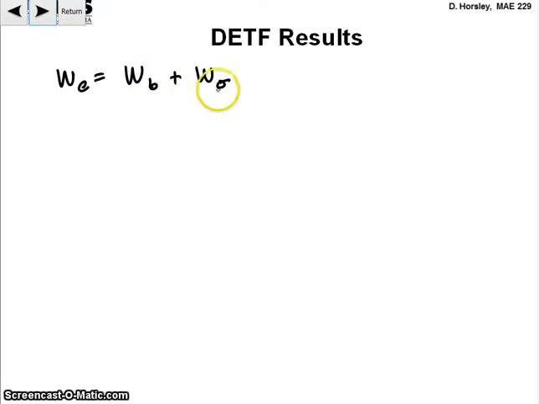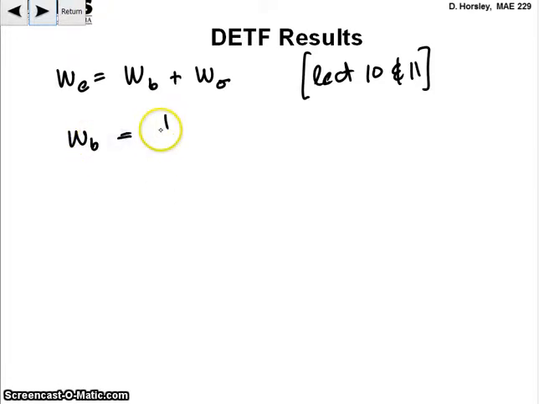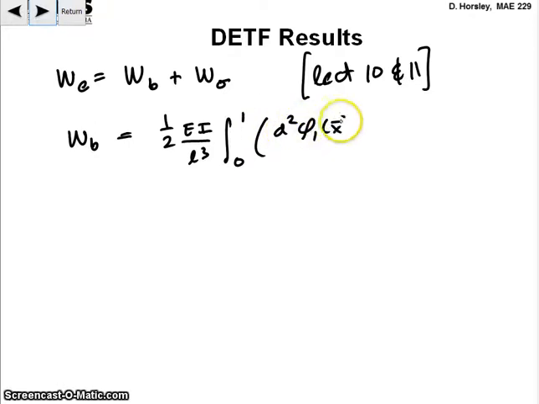And these integrals came from lecture 10, and I think some of them are from lecture 11. Okay, so the bending energy integral WB is equal to 1/2 EI over L cubed. Remember, I just derived how you write this for normalized functions. This is the integral from 0 to 1 of d squared phi1 of x bar over dx bar squared, squared, dx bar.